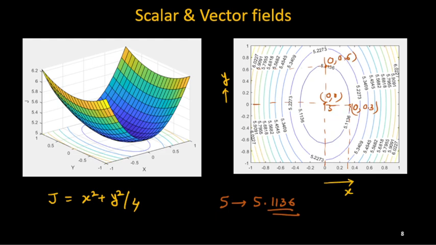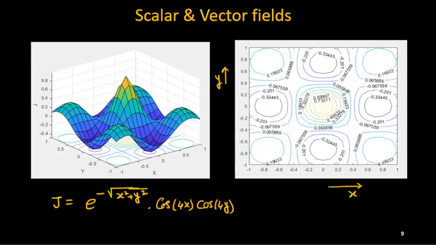Means in the x direction, the function is increasing rapidly this way or this way, whereas along y, the function is increasing this way. It's almost flat. Okay, so it will give you some idea of which direction it will increase and at what rate it will increase. So this is an important concept. Try to understand this one. It will be useful. In the next class or otherwise in future videos we'll be discussing the gradient, and there you will get a better concept.